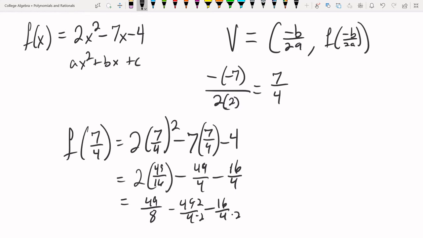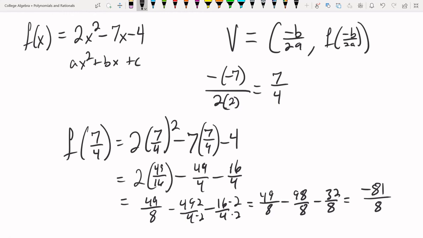We need 8s in everything, so we can actually add them together. We get 49 over 8 minus 98 over 8 minus 32 over 8. And when you do this whole subtraction, we get -81 over 8. You can, of course, just use a calculator to find the number.